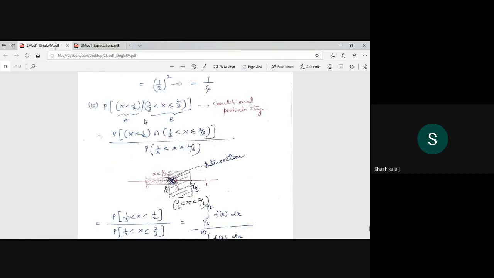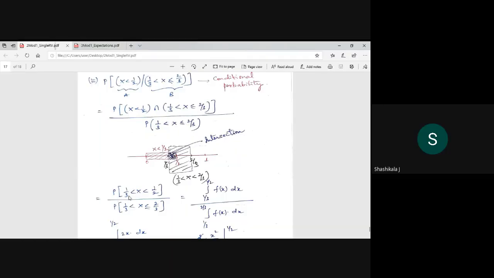In such cases, you draw a figure like this. It is 0.5, and 1 by 3, and here it is 2 by 3. Less than 0.5 means I will get this whole red area, and in between 1 by 3 to 2 by 3, this blue area I will get.